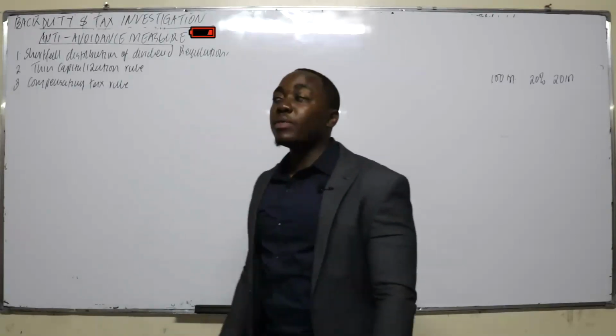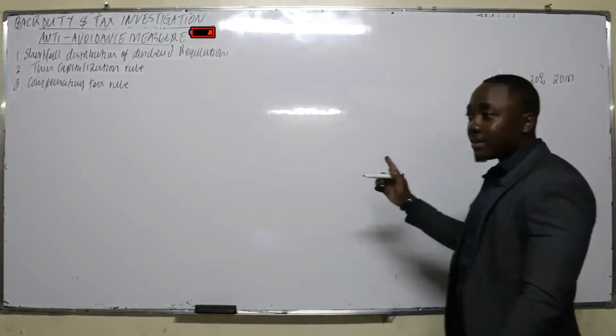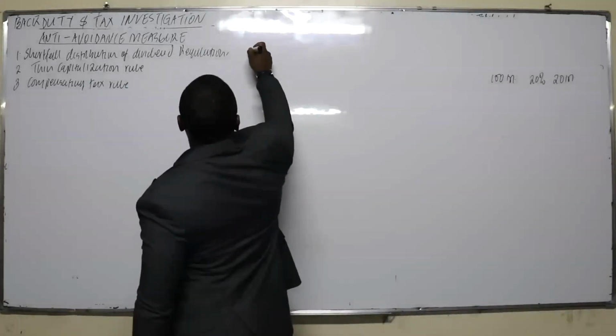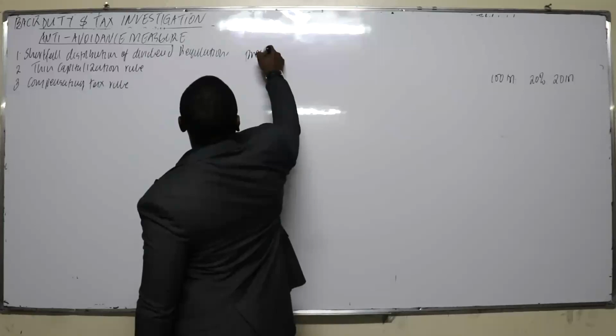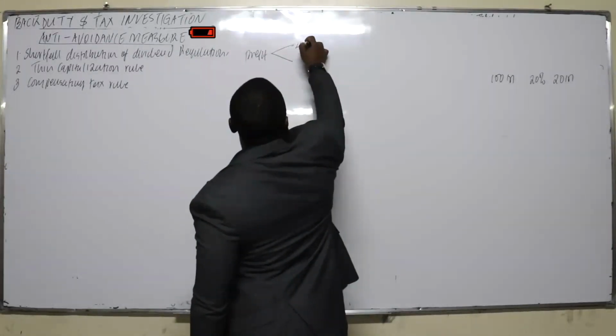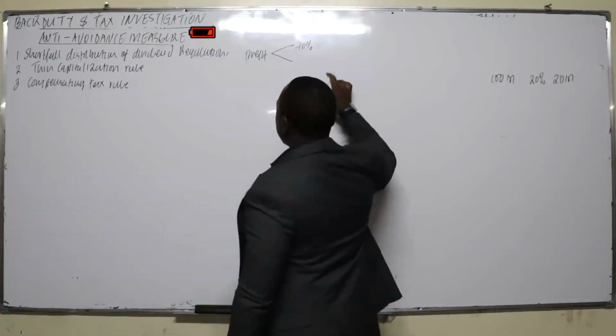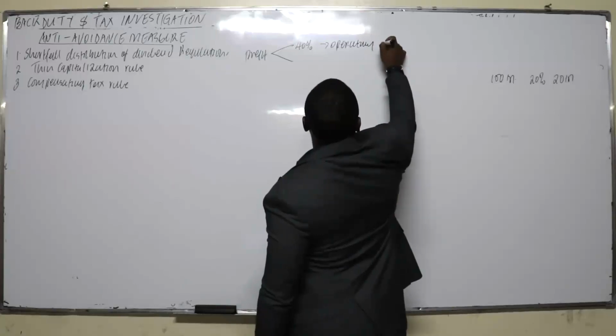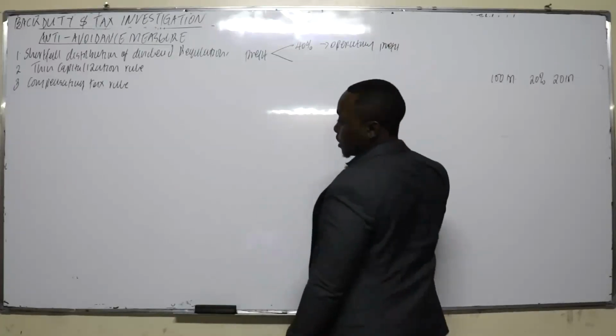So the government came up with measures to minimize this. Of the total profit after tax for the year, the company should distribute at least 40% of the operating profit after tax to the shareholders.